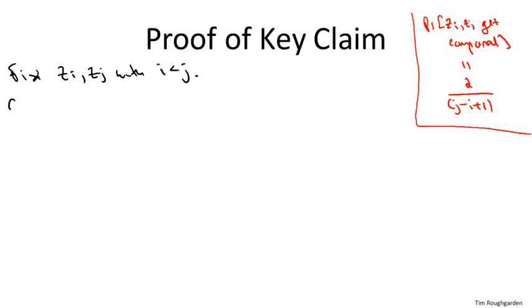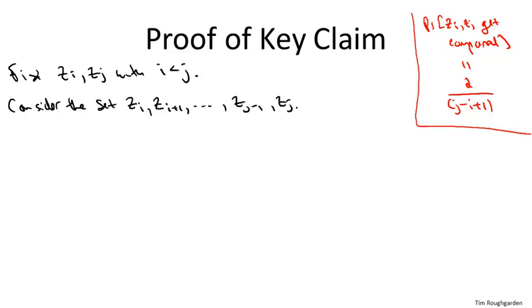Now, what we want to reason about is the set of all elements in the input array between zi and zj inclusive. And I don't mean between in terms of positions in the array, I mean between in terms of their values. So consider the set zi, zi plus 1, dot, dot, dot, zj minus 1, zj.